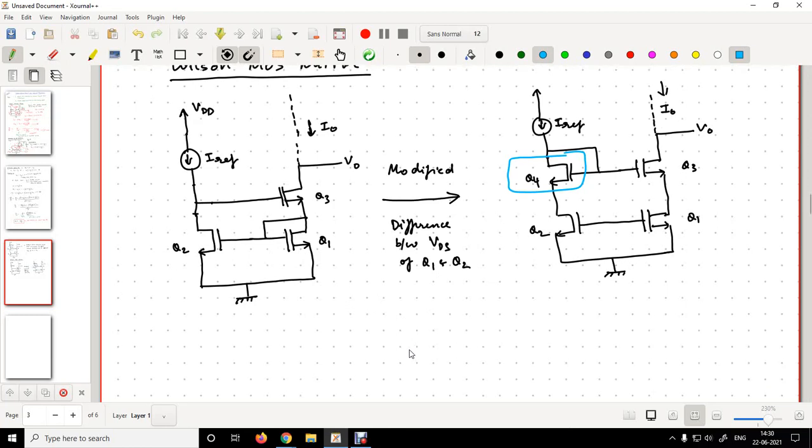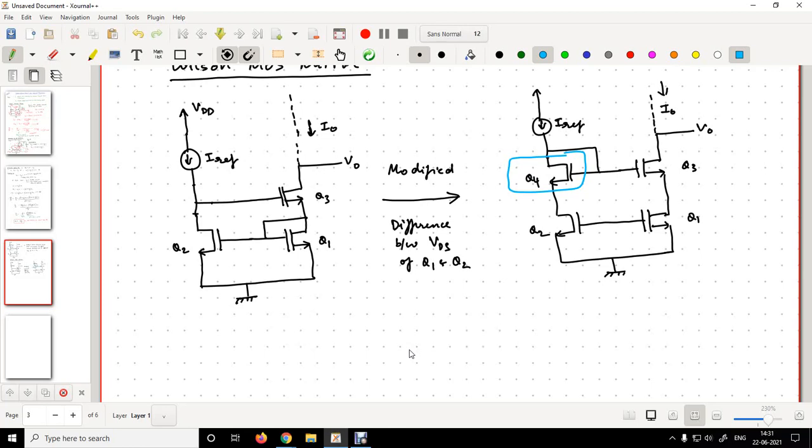When you consider MOS current mirrors, you don't have a problem with current transfer ratios. The accuracy is good because there is no base current here. You don't have the term beta. Gate currents are 0, so not a problem.